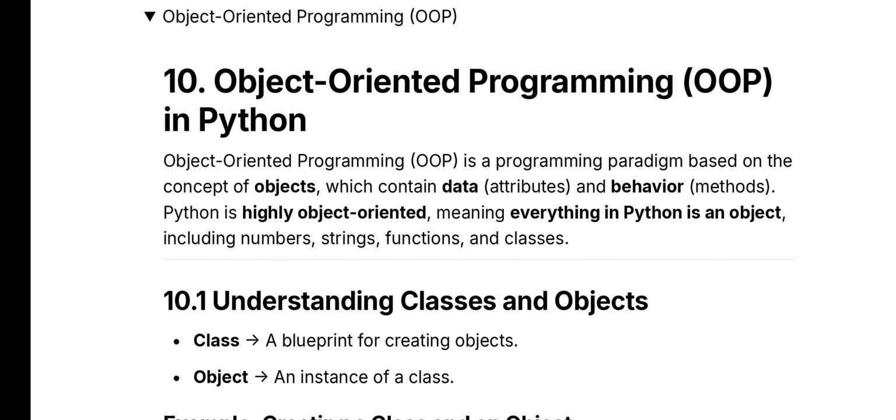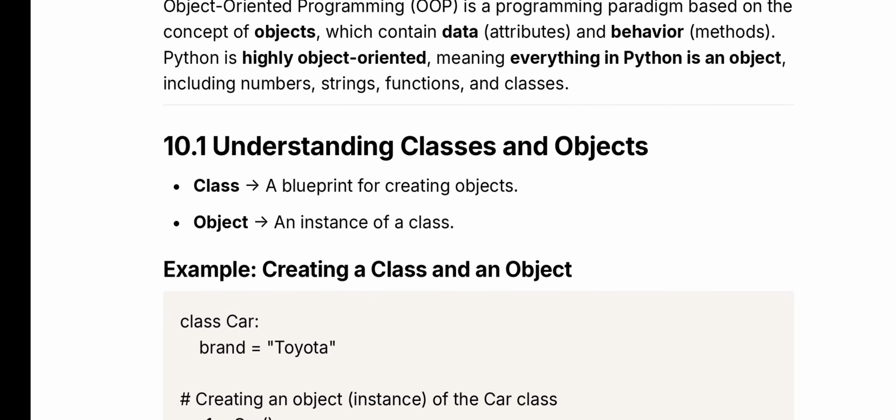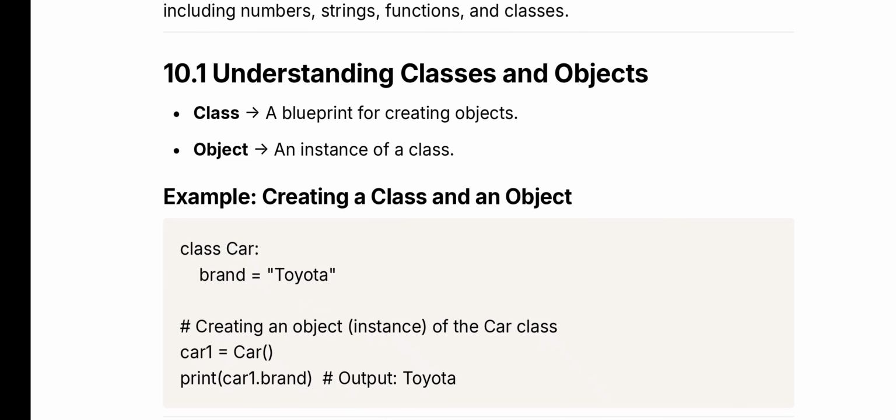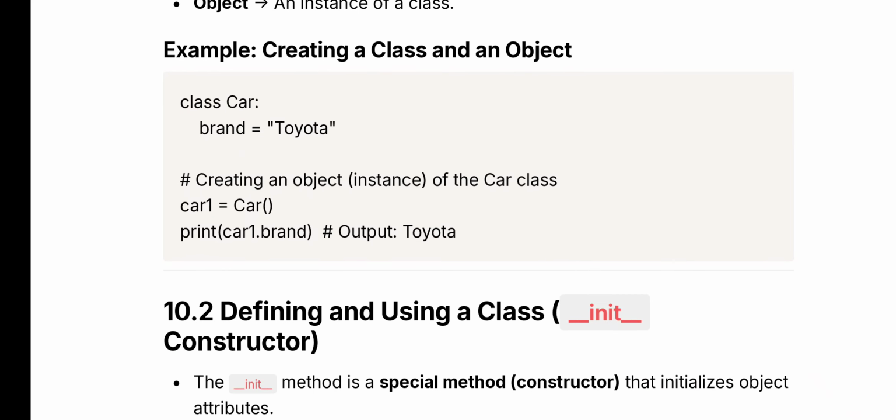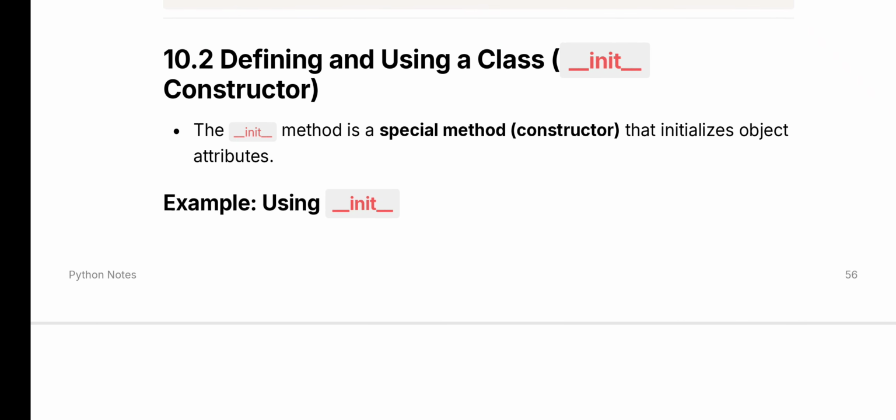Okay, in the next section we have talked about the object oriented programming concepts in Python. We have talked about the classes and objects, on how to create a class and how to create an object.